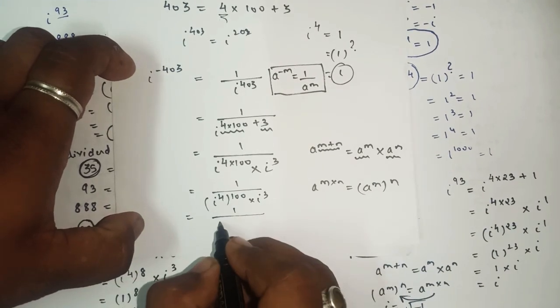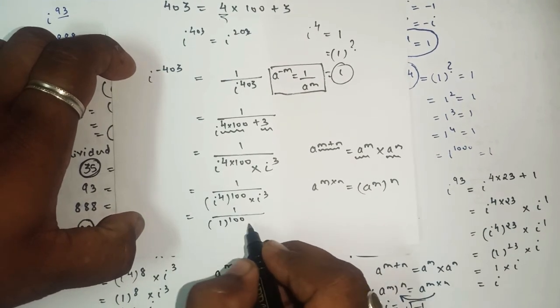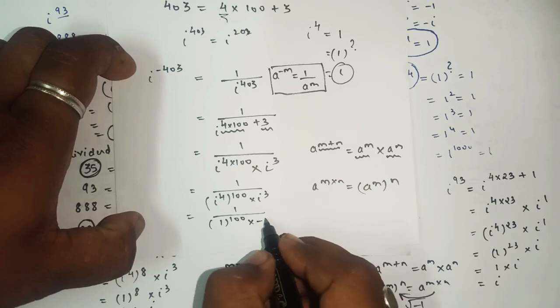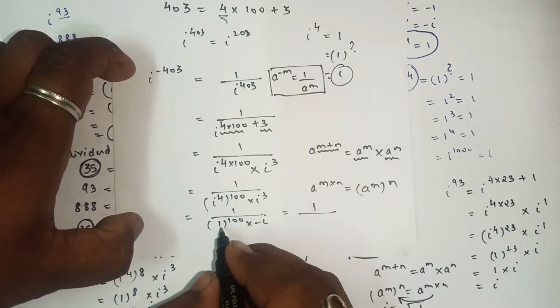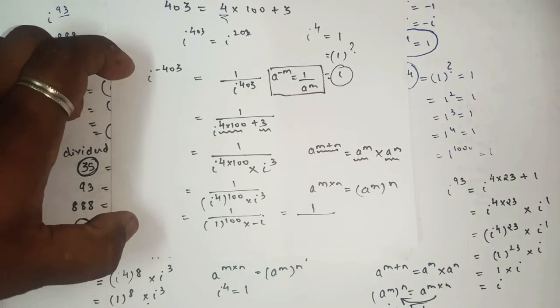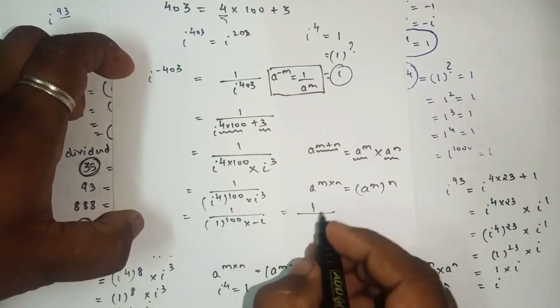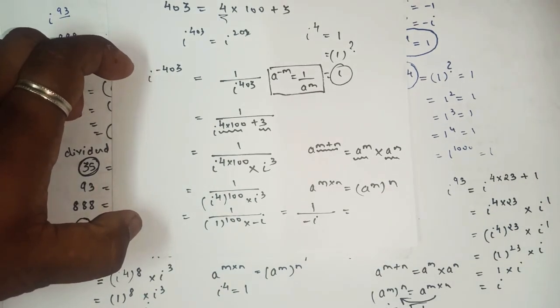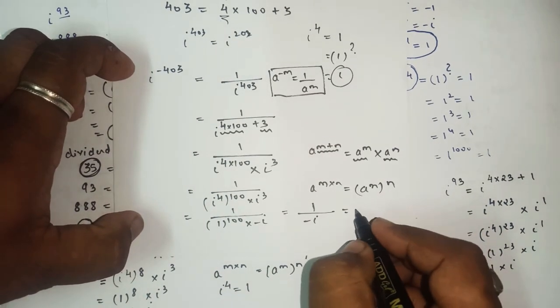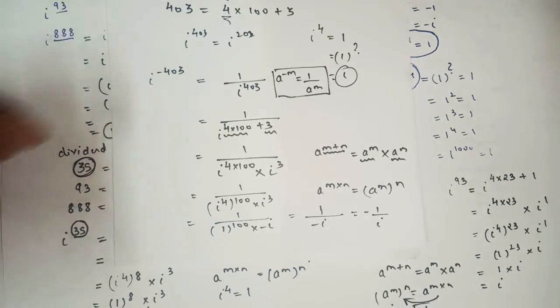We know that i raised to 4 is 1, 1 raised to 100 into i cube is minus i. Therefore 1 upon 1 raised to any number will be 1 only. So 1 into minus i will be minus i. So this can be written as minus 1 upon i.